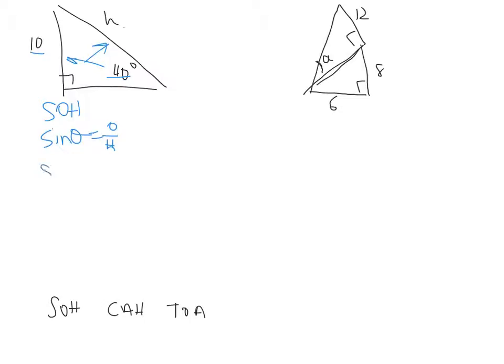In this case, we're dealing with sine of 40, because 40 is our angle, equals our opposite side length, 10, over the hypotenuse, or in this case we'll call it lowercase h. And from there we imply that h equals 10 over sine of 40. And then through our calculation we'll find that is 15.56.